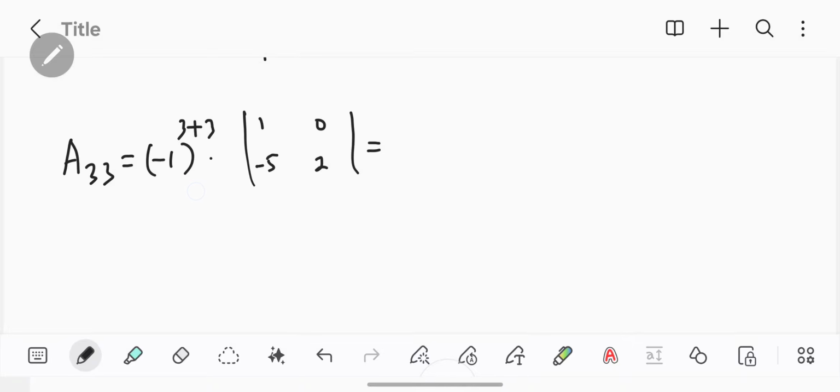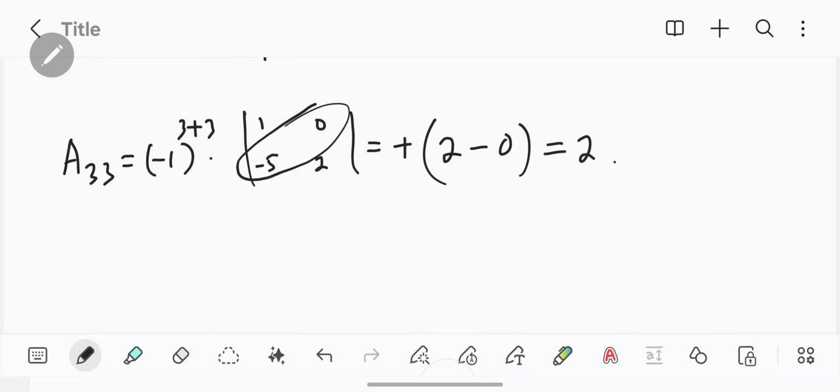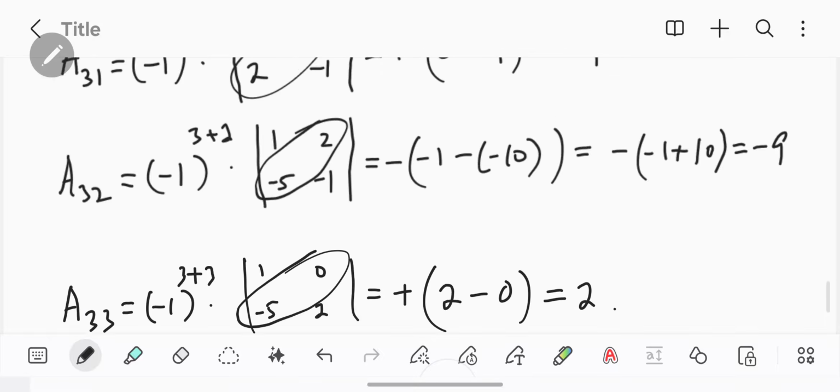If I simplify these values, minus 1 to the power 3 plus 3 is minus 1 to the power 6, which is an even number, so I will have plus, times the determinant of this matrix, which is obtained by multiplying these two elements, which is 2, minus the product of these two, which is 0. So the result is 2. Now I have all of the cofactors.